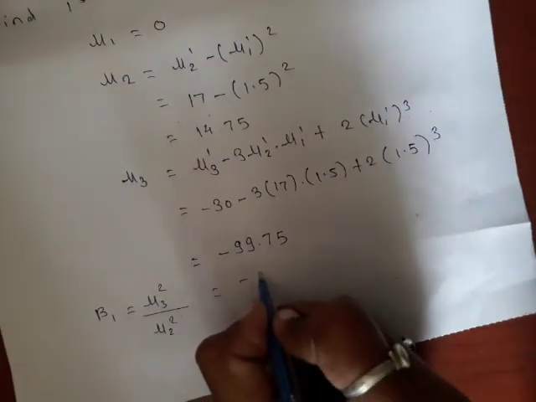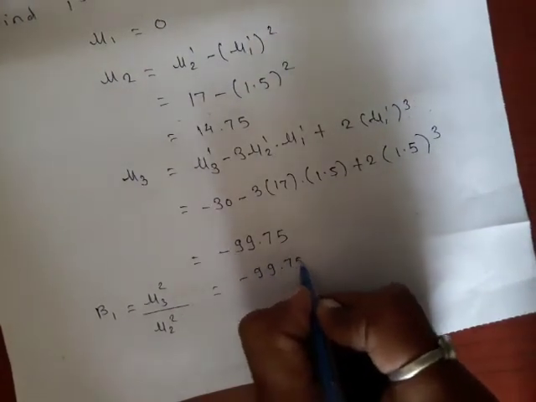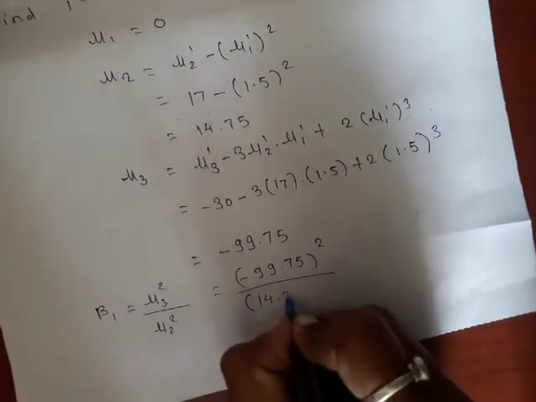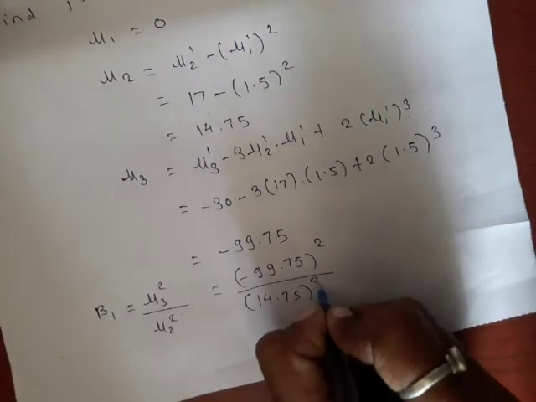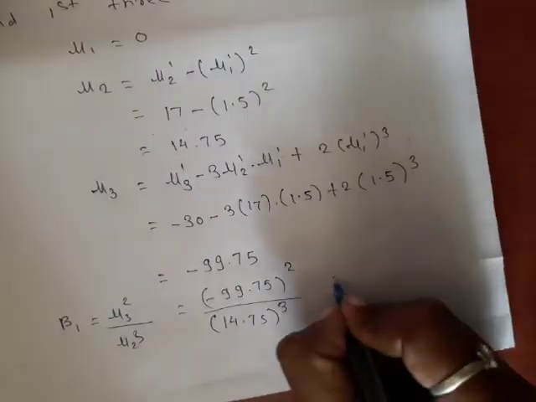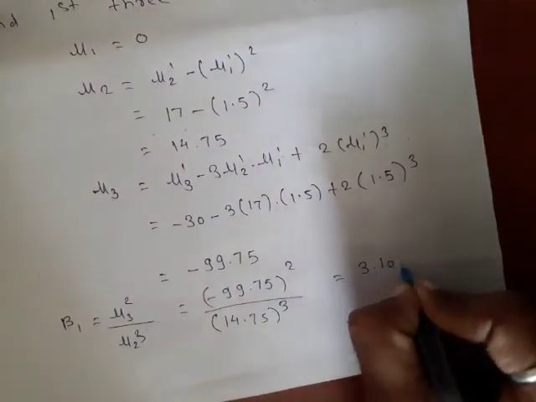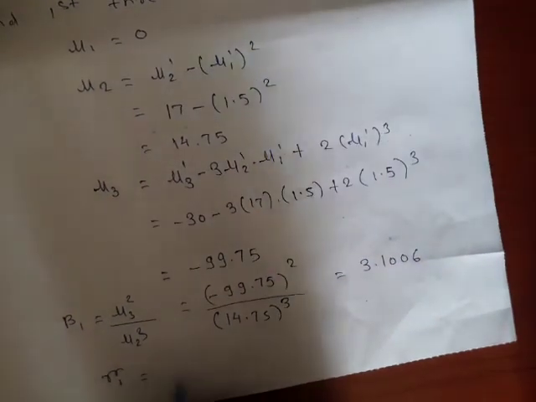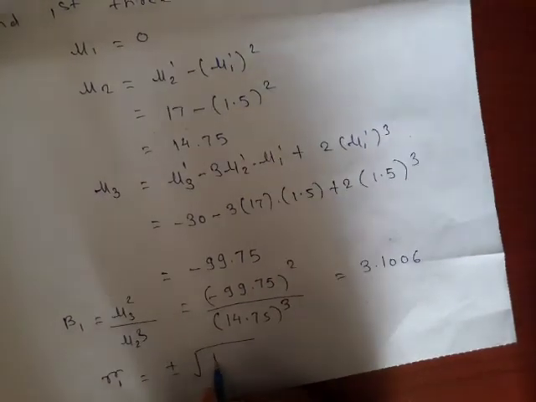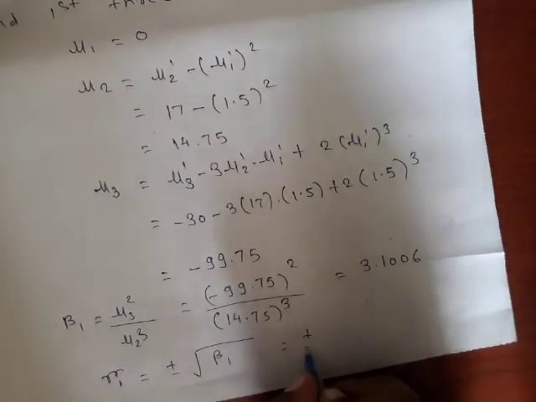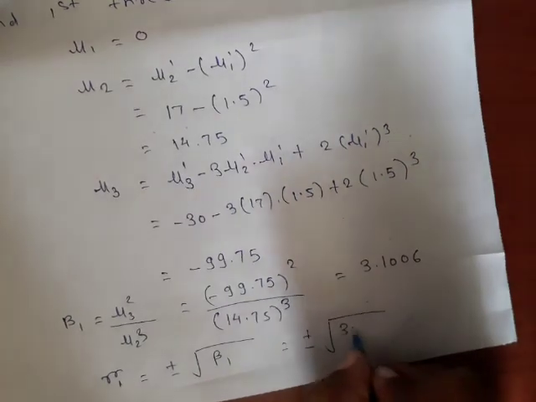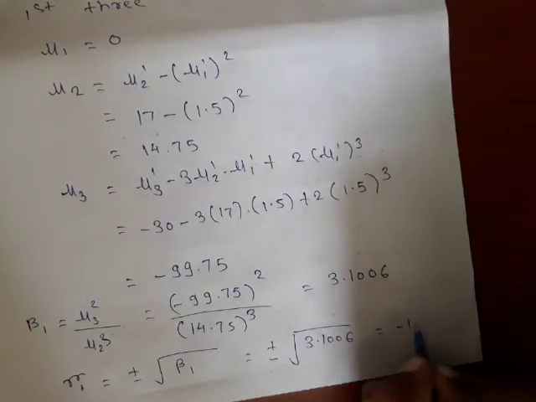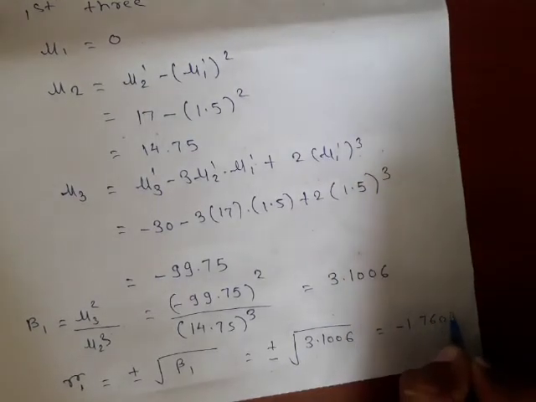Mu3 is minus 99.75, squared, divided by mu2, which is 14.75 cubed. Solving this we get 3.1006. Next, gamma 1 is equal to plus or minus square root of beta 1, which is equal to plus or minus square root of 3.1006, which is equal to minus 1.7608.